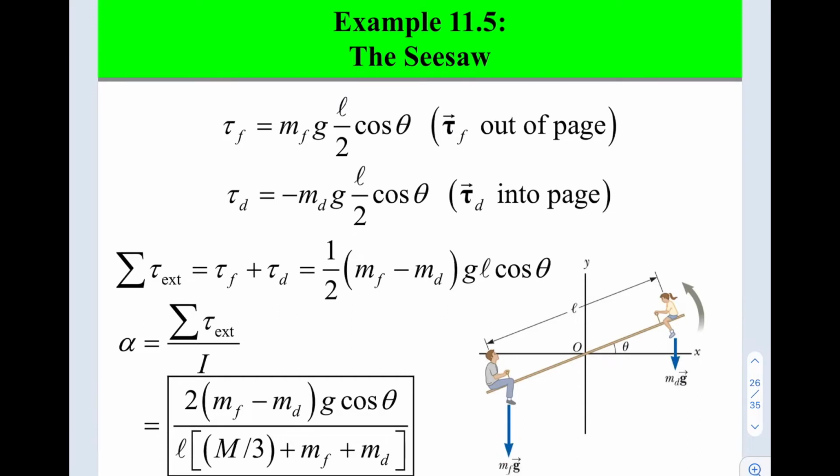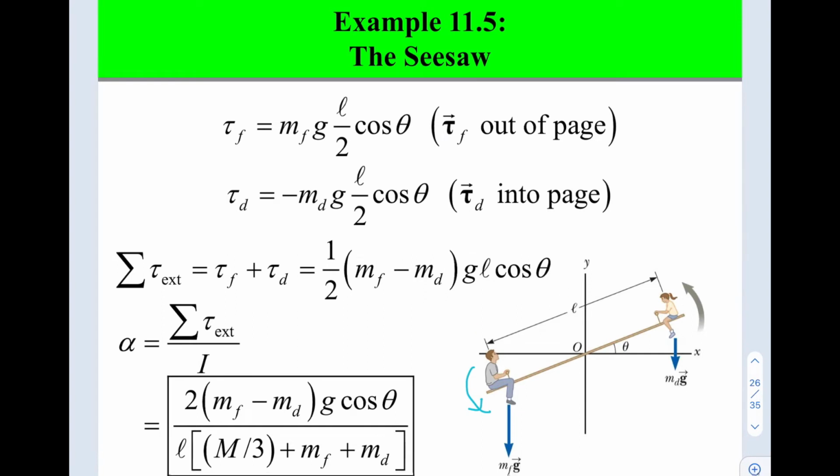The torque produced due to the weight of the father: the direction of the possible rotation due to the father is in this direction. If you are using 3D xyz axes, you will see the direction of torque due to the father is out of the page.